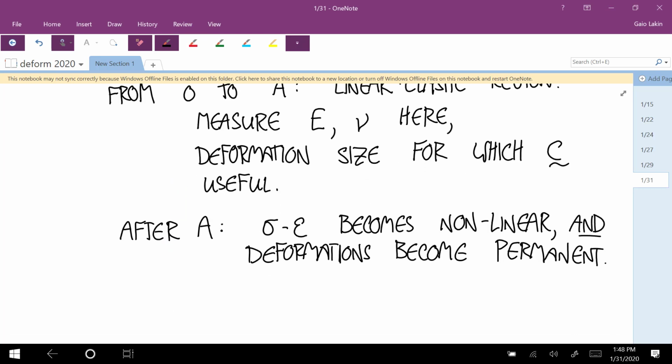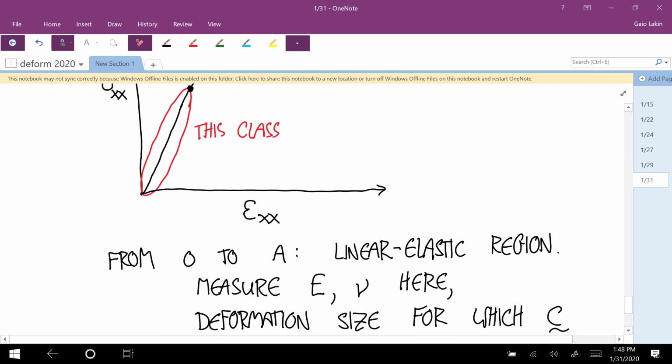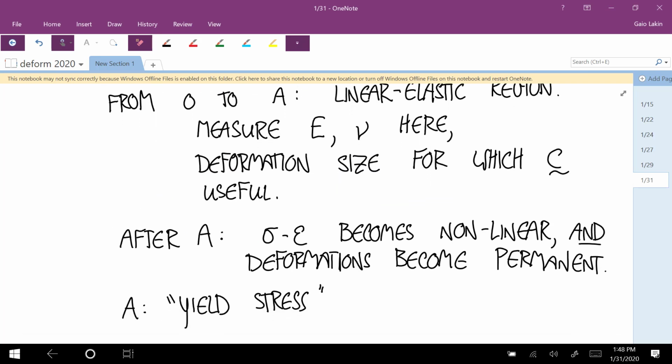That point A is called the yield stress. And that point is the failure point. Anybody have any questions about this? Okay, let's stop there.